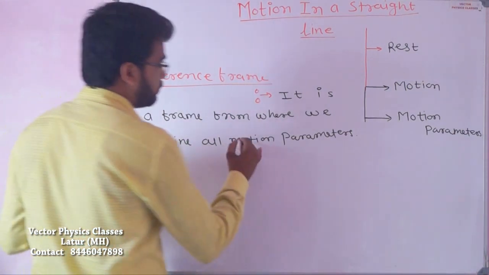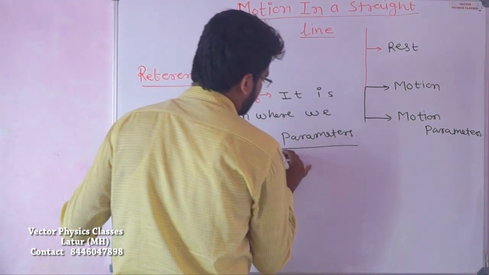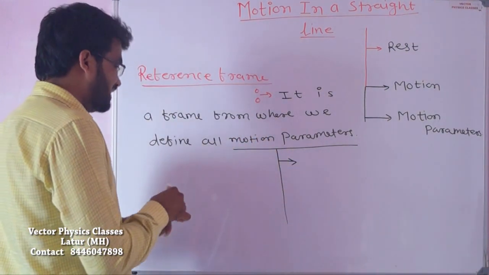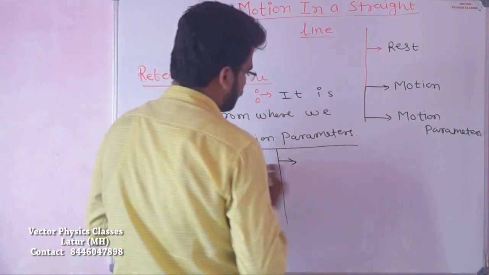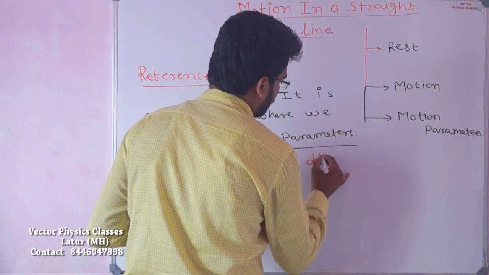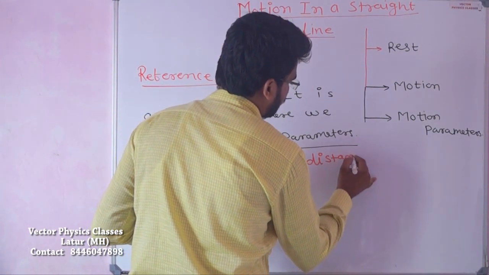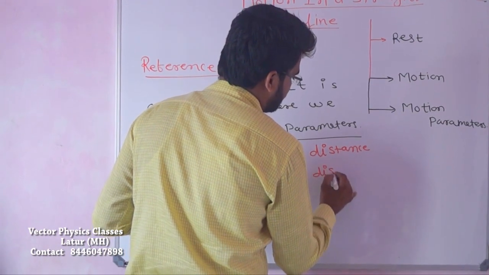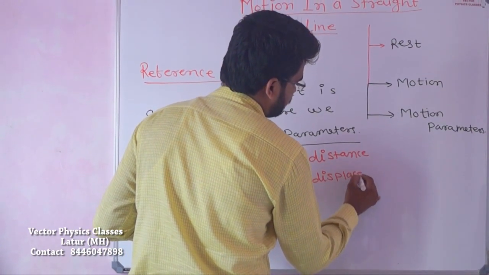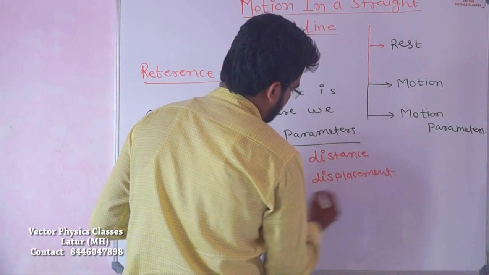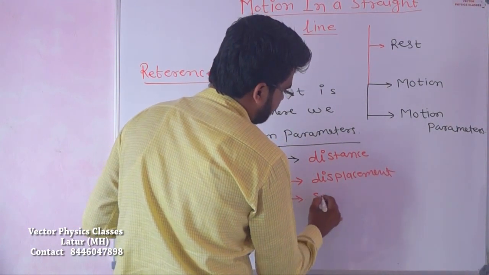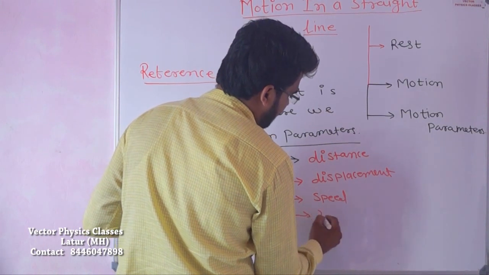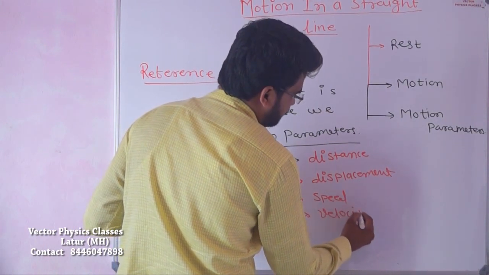Now what are the motion parameters? Motion parameters are, number 1, we have distance. Number 2, we have displacement. Number 3, we have speed. Number 4, we have velocity.